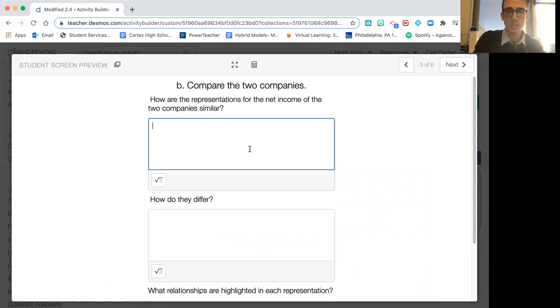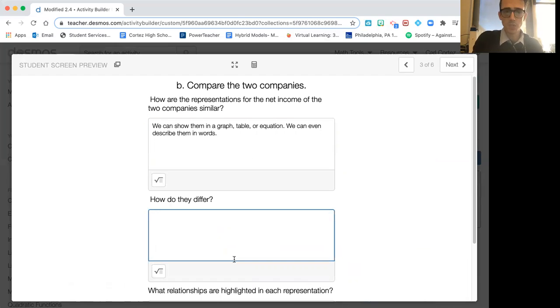How are the representations for the net income of the two companies similar? We can show them in a graph, table, equation, and even describe them in words. How do they differ? The first one was linear.